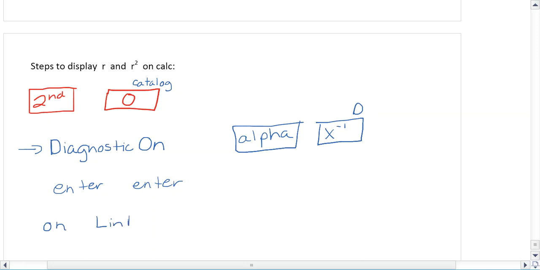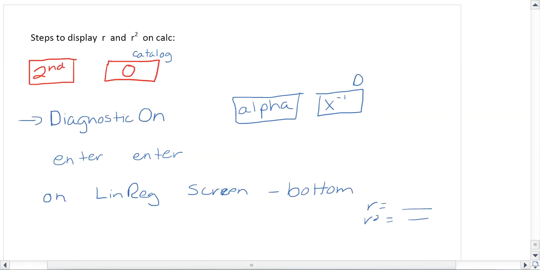And now on that LinReg screen, at the bottom, it'll display the regression line just like it did before, but at the bottom it'll have an R equals and an R squared equals, and it'll give you those values, which is very nice because it's a pain to calculate by hand. So that's how you will find the correlation coefficient or the coefficient of determination when you're asked. All right, so now you have all the knowledge you need for section 2.4. All right, have fun with that.